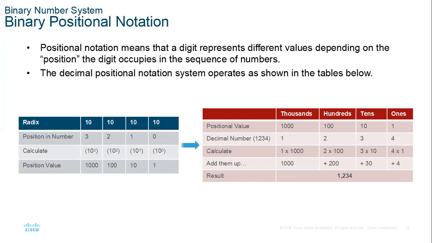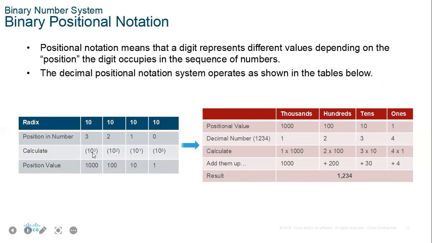So, positional notation. Positional notation means that a digit represents different values depending on its position. Radix is just a numbering system; it could be base 10, it could be base whatever. If it is base 10 and I have 192.168.1, the last digit takes position 0, then position 1, position 2, position 3. So you count from 0 backwards.